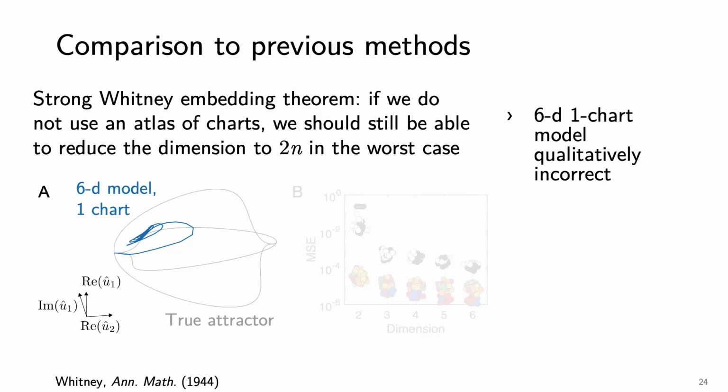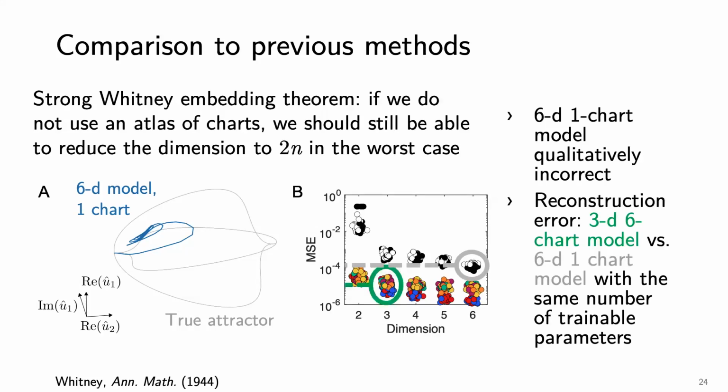And this is revealed even more when we look at the reconstruction error. So this is the reconstruction error, how we're able to reconstruct the data from the low-dimensional representation that we learn. And here, these colored points show the reconstruction error when we break the data up into clusters. And the white and black points show the reconstruction error when we don't break things up into clusters.